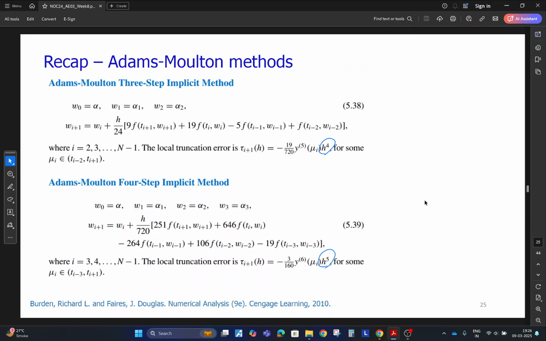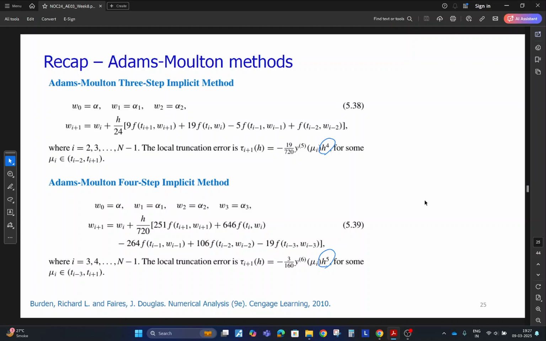Next, we have the Adams-Moulton four-step implicit method, where the value of four quantities must be known a priori, those being W0 equals alpha, W1 equals alpha 1, W2 equals alpha 2, W3 equals alpha 3.